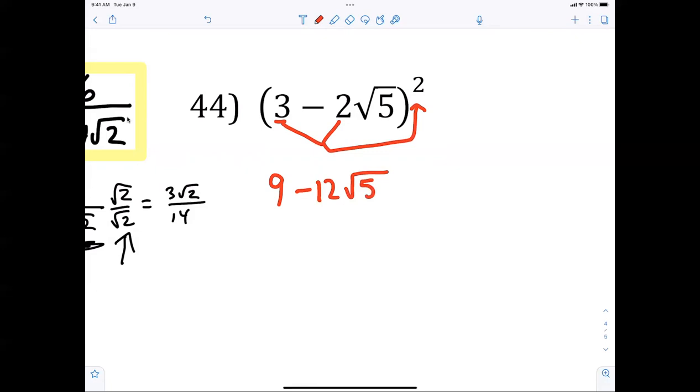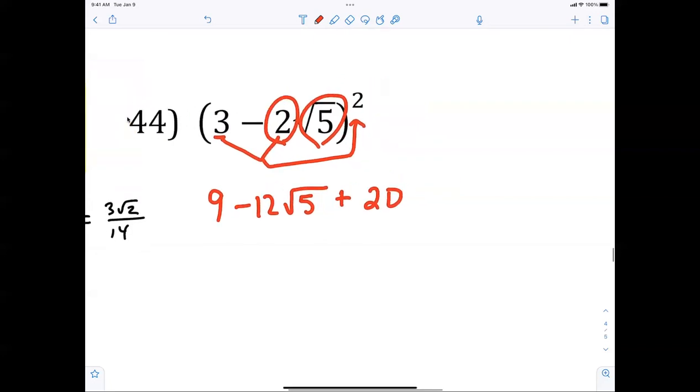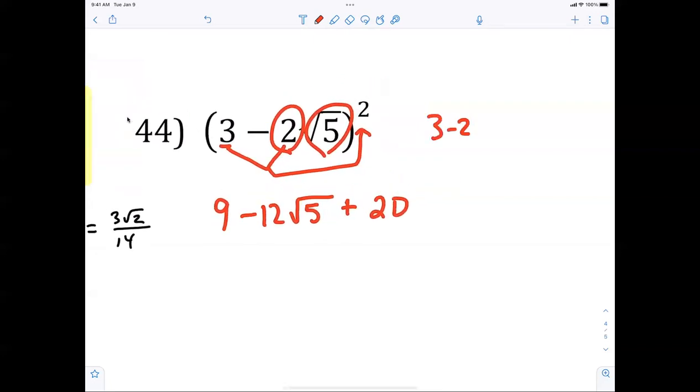Now, plus, what's 2 squared? What's radical 5 squared? 4 times 5. 20. Okay, so that one is a lot of mental math. If you don't like that, you can just write out 3 minus 2 radical 5, 3 minus 2 radical 5, but that's good mental exercise right there.